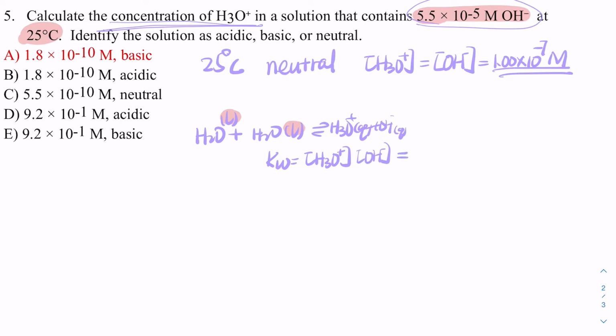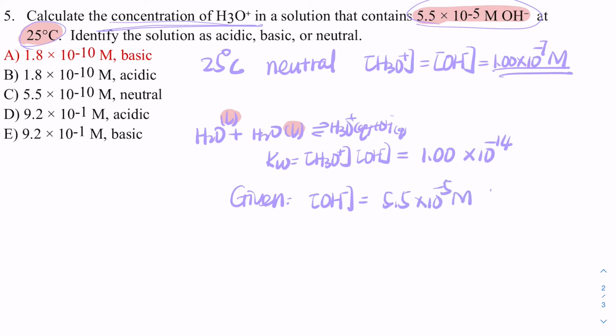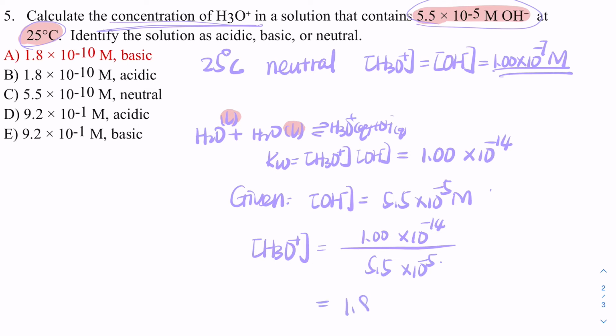At 25 degrees Celsius, this equals 1.00 times 10 to the negative 14. The question gives hydroxide ion as 5.5 times 10 to the negative 5 molar, so we can solve for hydronium ion concentration. That is 1.00 times 10 to the negative 14 divided by 5.5 times 10 to the negative 5. We do the calculation and get 1.8 times 10 to the negative 10 molar.